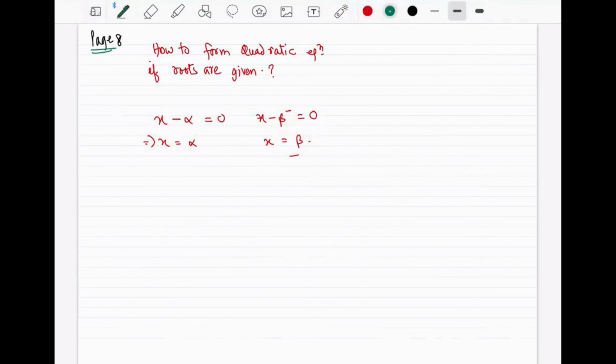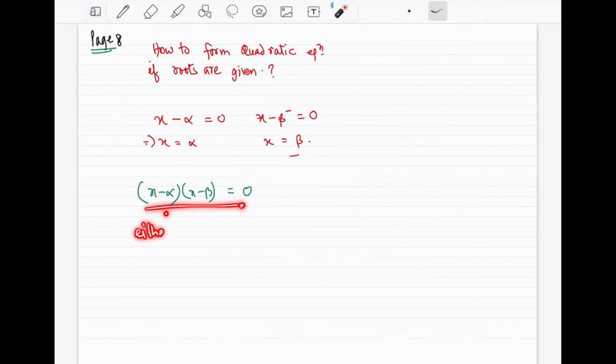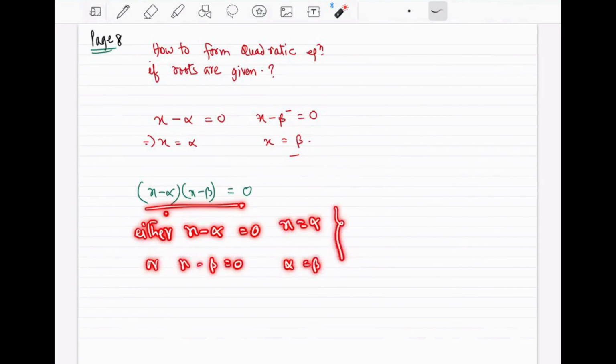What are we going to get? We are going to get x minus alpha times x minus beta on the left hand side. On the right hand side, 0 into 0 will be 0. If you solve this equation, then we know that we are going to get either x minus alpha is equal to 0 or x minus beta is equal to 0. So we get x equal to alpha and x equal to beta as the roots.